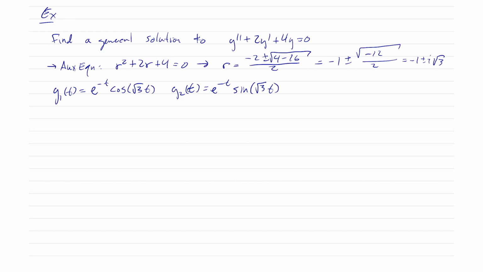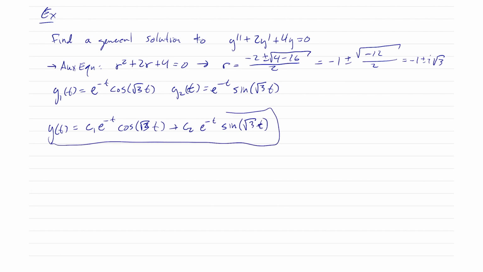Okay, and if we want the general solution, then we get y of t is equal to c1 e to the minus t cosine of root 3 t plus c2 times e to the minus t sine of the square root of 3t. And there you go. That is the general solution to this differential equation.